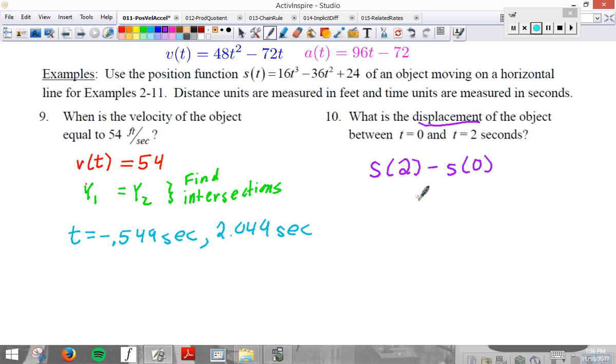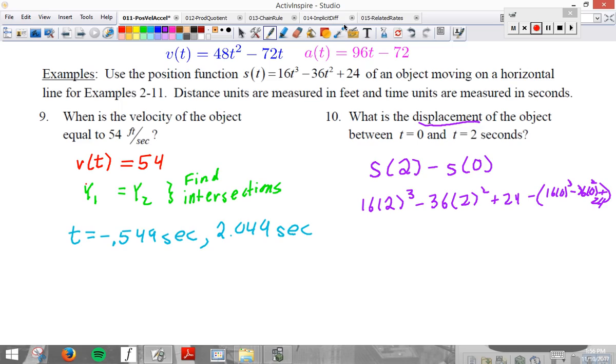S of 2 is 16 times 2 cubed, minus 36 times 2 squared, plus 24, minus S of 0, which we'll use in parentheses, 16 times 0 cubed, minus, careful, 36 times 0 squared, plus 24.